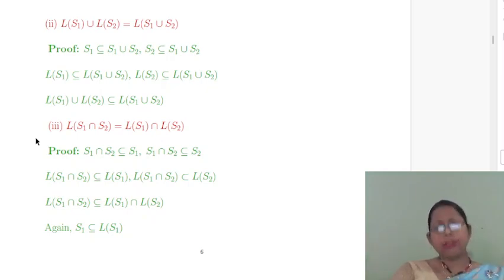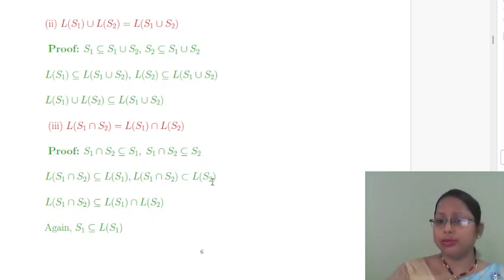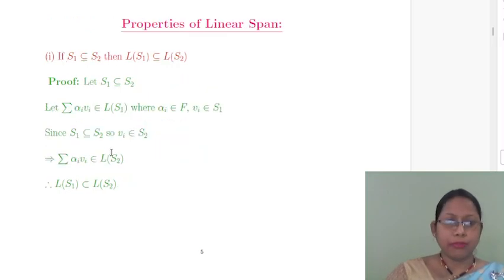Taking the linear span, the linear span of S1 intersection S2 is contained in the linear span of S1 and the linear span of S1 intersection S2 is contained in the linear span of S2. This comes from property number 1.